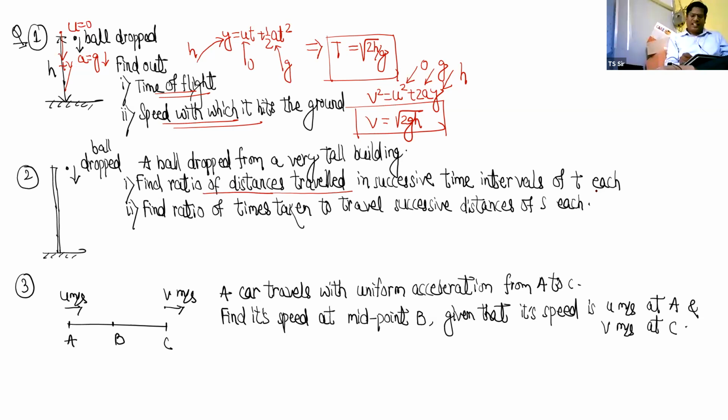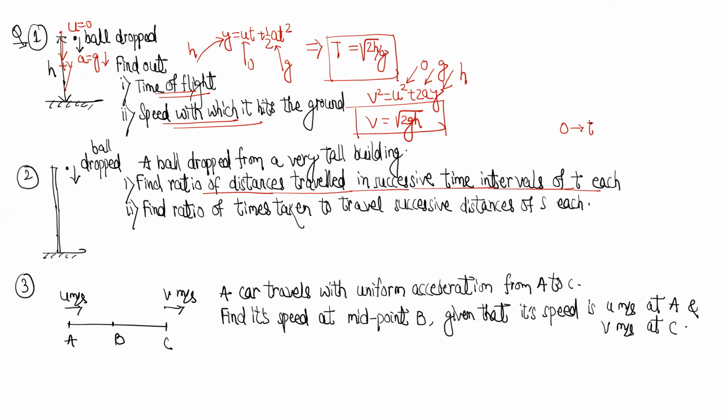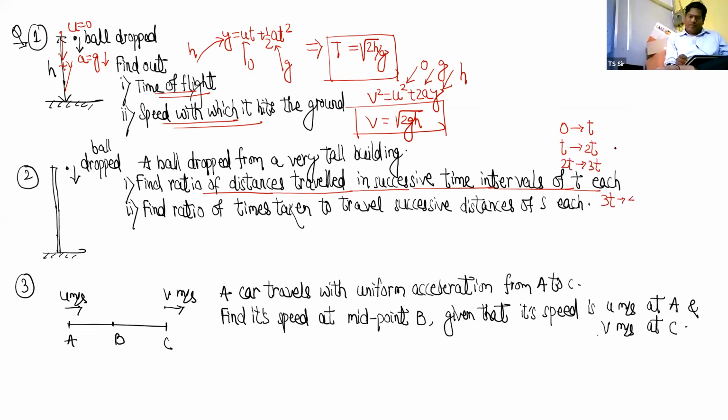That means basically it's telling us how much distance in t, then t to 2t how much distance, then from 2t to 3t how much did it travel, then from 3t to 4t, then from 4t to 5t how much did it travel. The distances S2, S3, S4, S5, it is asking for the ratio of all of them.